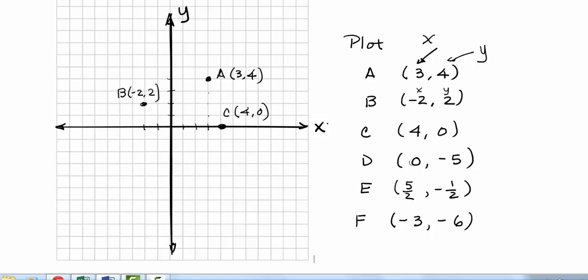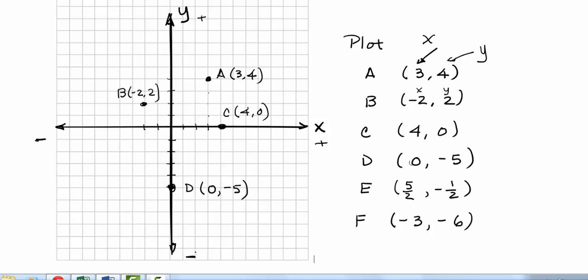My x is 0, but I move down 5. 1, 2, 3, 4, 5. So there's my point D, which is (0, -5). Right, so remember that the left is negative, right is positive, up is positive, down is negative.